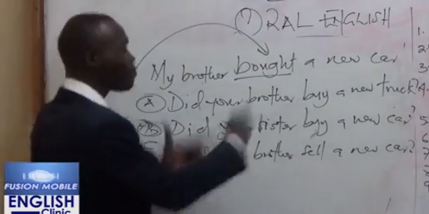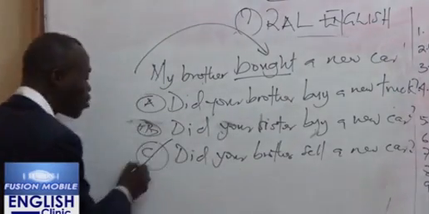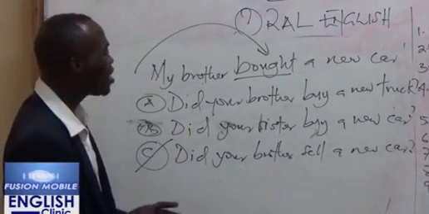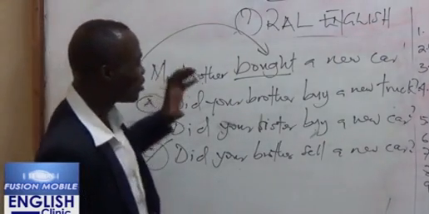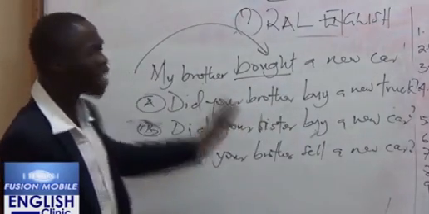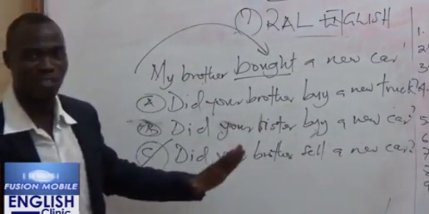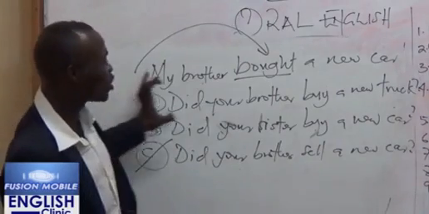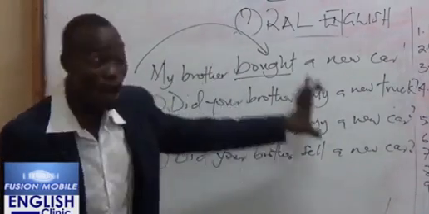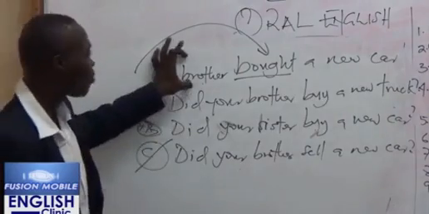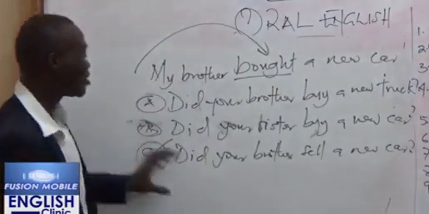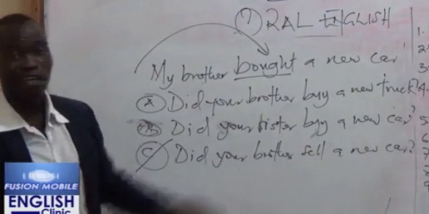So the right answer here will be C. So in emphatic stress, we try to stress a particular part of the sentence where the information is actually focused. So in this example, I am focusing on the fact that my brother bought something. I am not focusing on my brother, and I am not focusing on the car. So the answer is: did your brother sell a new car?